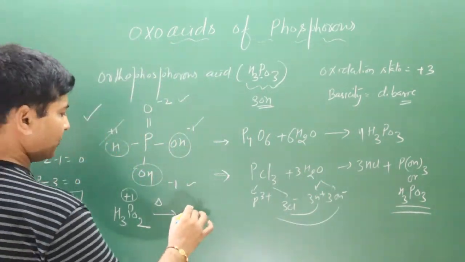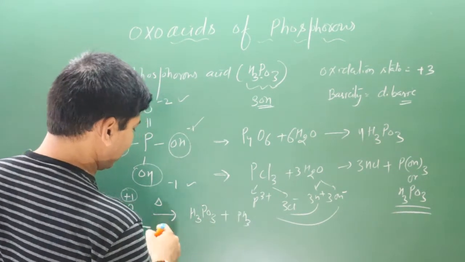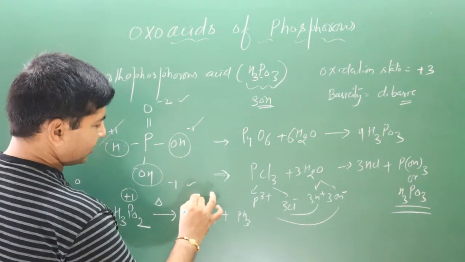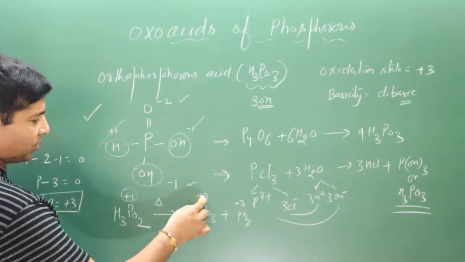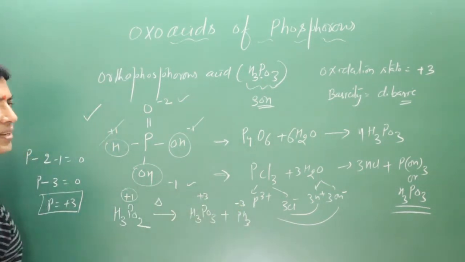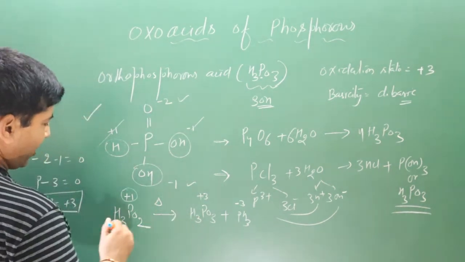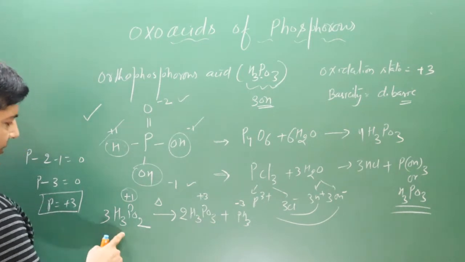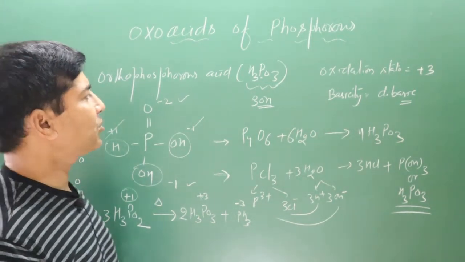It converts into H3PO3 and releases phosphine gas, which escapes because of heating. In H3PO3, phosphorus is in the +3 oxidation state, and in phosphine it is in the -3 oxidation state. +1 to +3 is oxidation, and +1 to -3 is reduction, so it is a disproportionation redox reaction. Now you can balance it. We multiply by 3 and by 2. The equation is balanced. So this is the third preparation reaction for orthophosphorus acid.